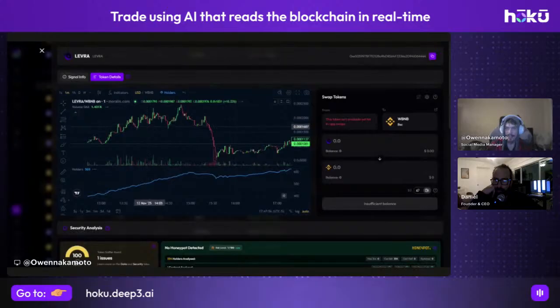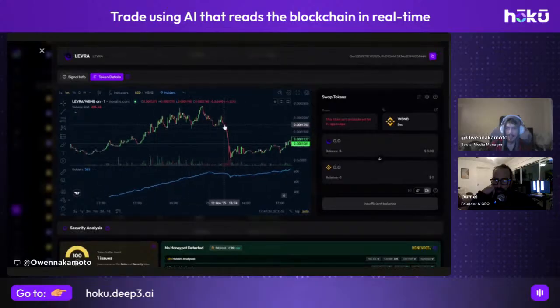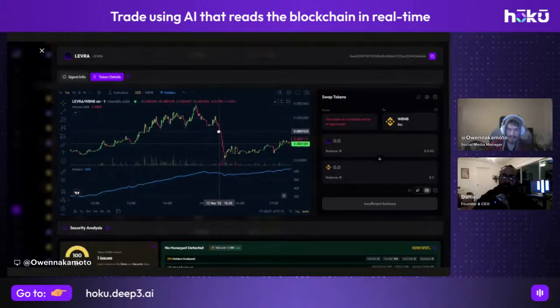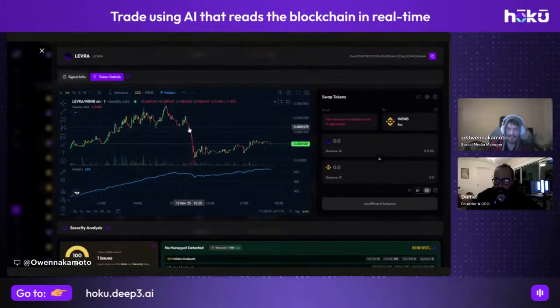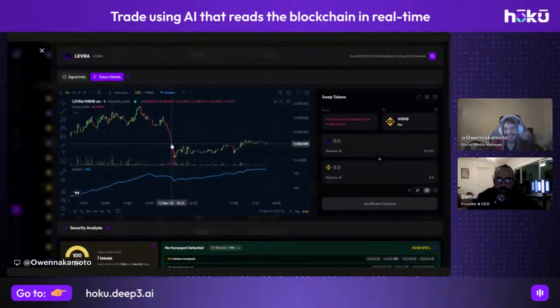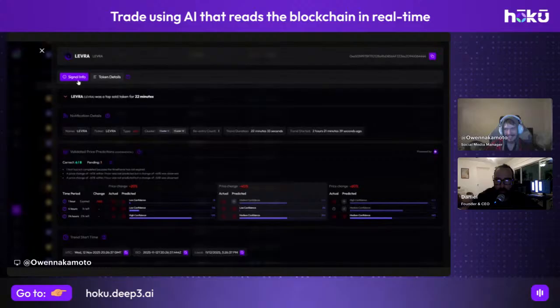I guess you could argue there would be people potentially betting at this point, right? Hoku's saying, "Nah, this is it, sell." But I'm just curious. This is where we need to get a lot more information about the token.